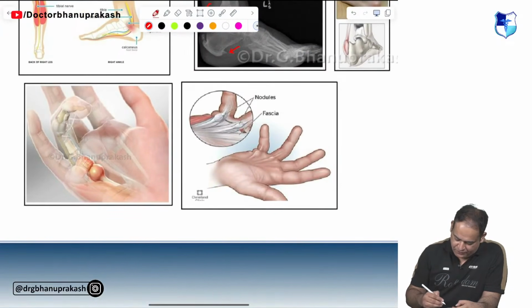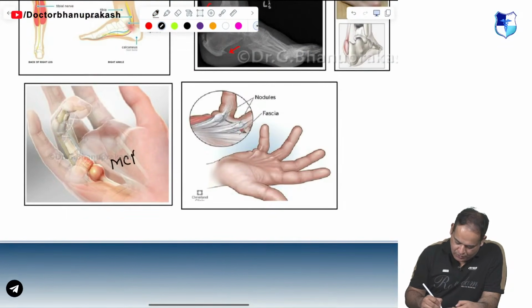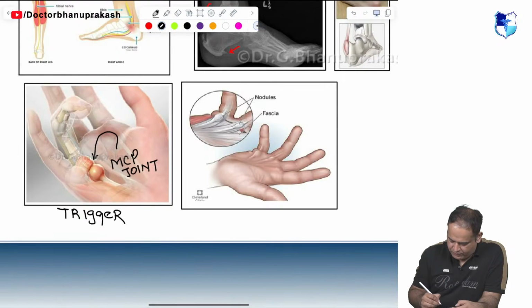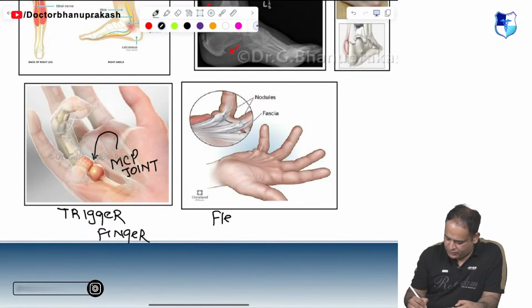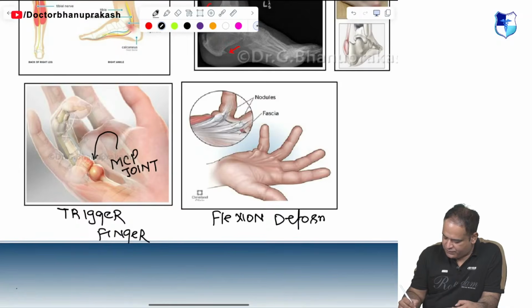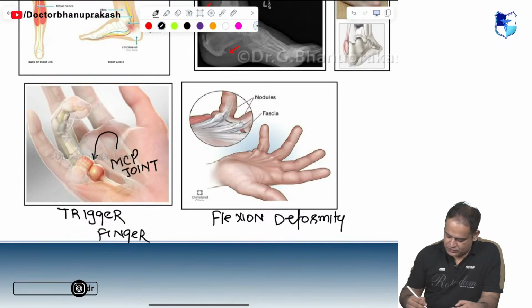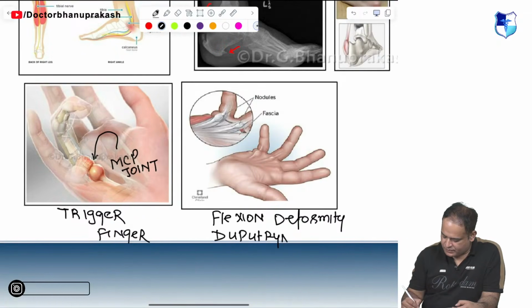Then, if you feel a nodule at the metacarpophalangeal joint, this is your trigger finger. And if you notice flexion deformity, fine, this is Dupuytren contracture.